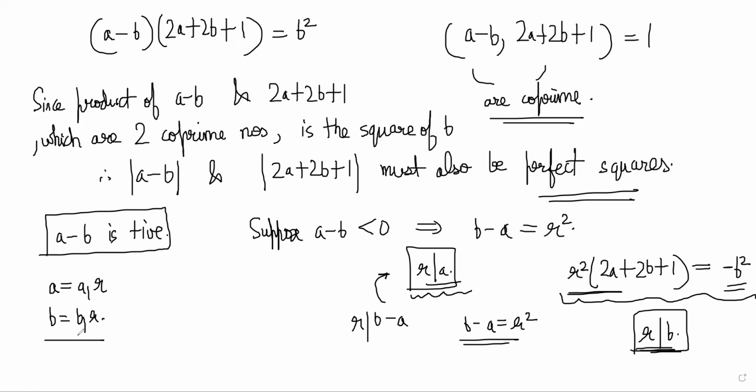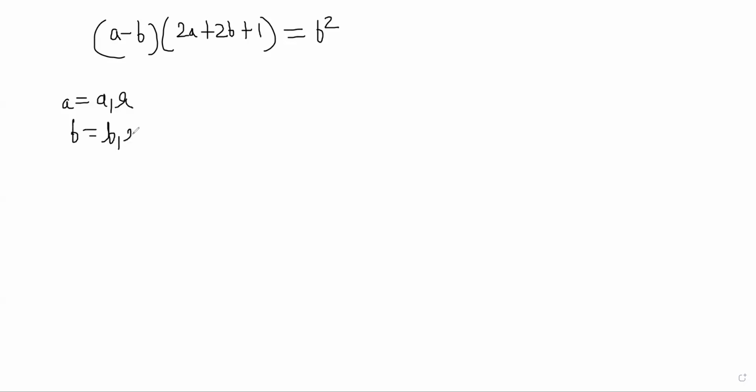And now we put this into the original equation, and take mod 3. We had 2A plus 2B plus 1 is equal to B square. Put A is equal to A1R and B is equal to B1R in this equation and take modulo 3.